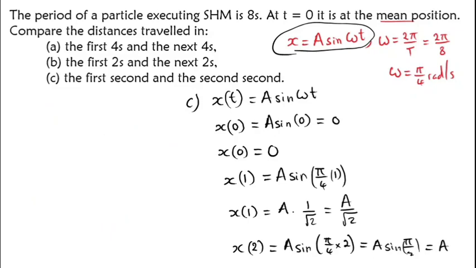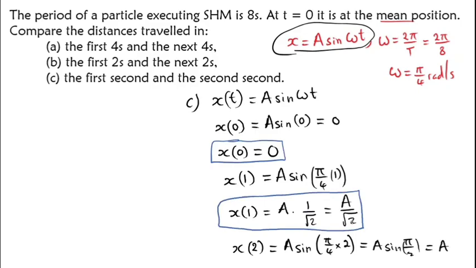So now we have 3 expressions in this case. We have this one here when time is 0, this one here when time is 1, and this one when time is 2. So I'll say distance 1, write it like this, distance 1. This is from 0 to 1.